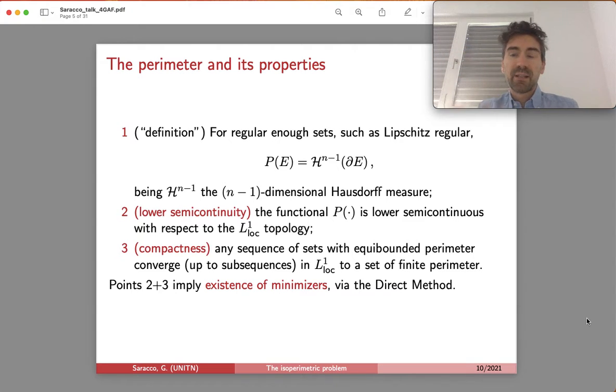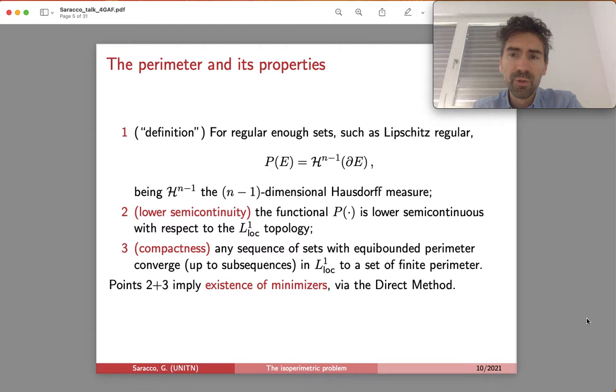If your set is less regular, the perimeter is something else, but basically we can think of this perimeter functional as the lower semi-continuous relaxation of the n-1 dimensional Hausdorff measure of the topological boundary, so that whenever your set is regular, again, say Lipschitz, then this perimeter coincides with the n-1 dimensional Hausdorff measure of the topological boundary.